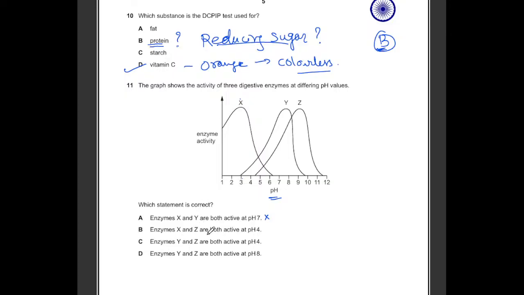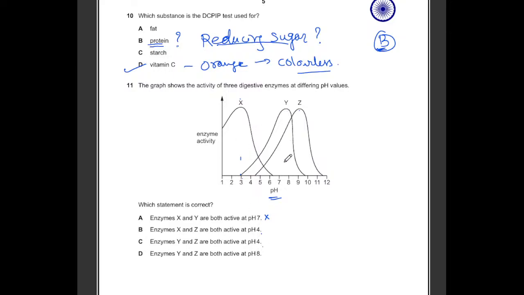Now enzymes X and Z are both active at pH 4. X is at 4? Nope. And Z is also not at 4, because Z, as you can see, has optimum enzyme activity only at a pH level of 10 or 9.5. Next one, enzymes Y and Z are both active at pH 4?